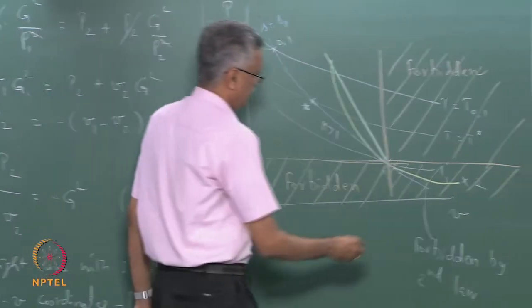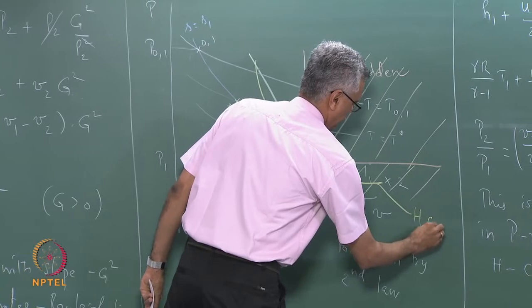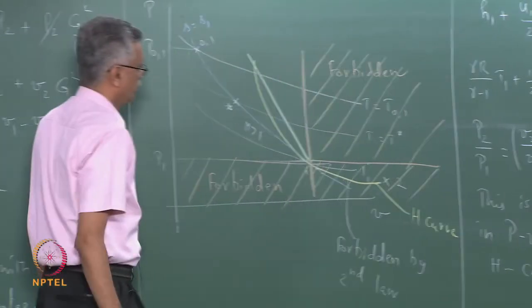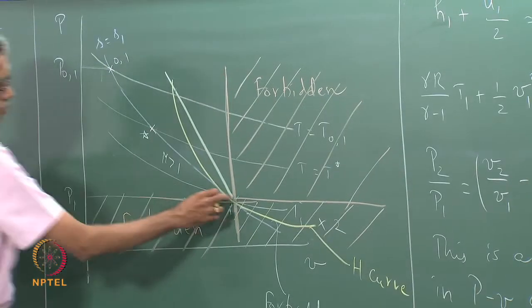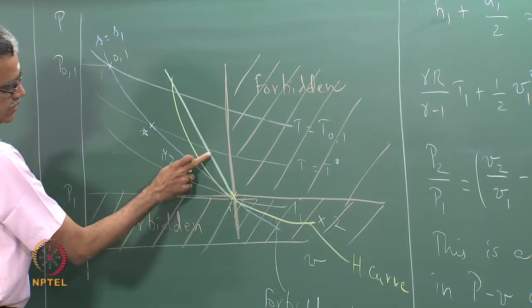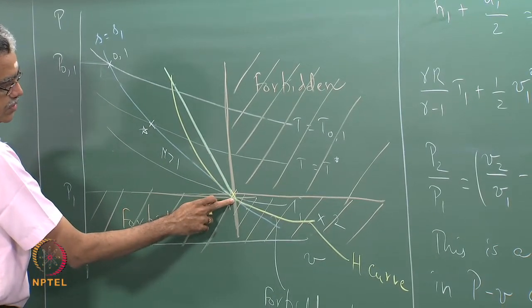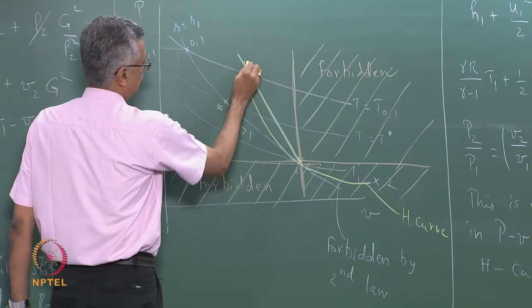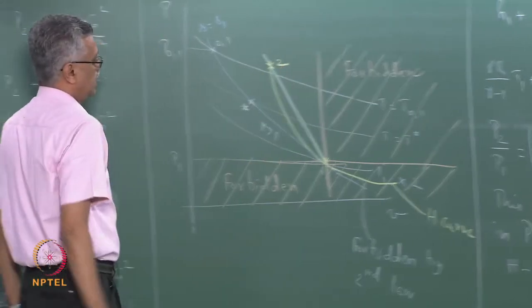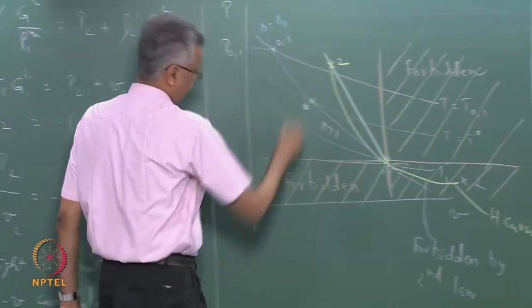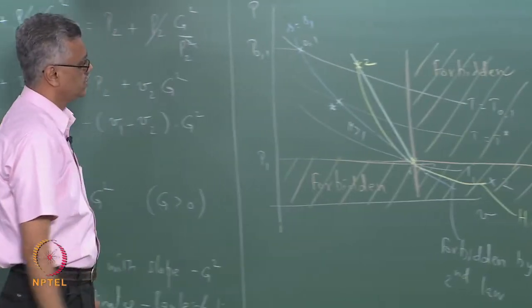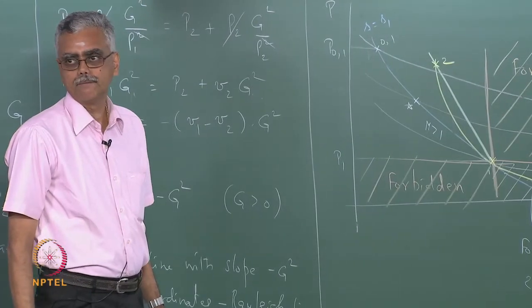So this is the H curve. So notice that this was state 1. So point of intersection of the straight line with this H curve, state 1. Point of intersection of the H curve with the straight line gives me state 2. So this is state 1, this is state 2. Okay.